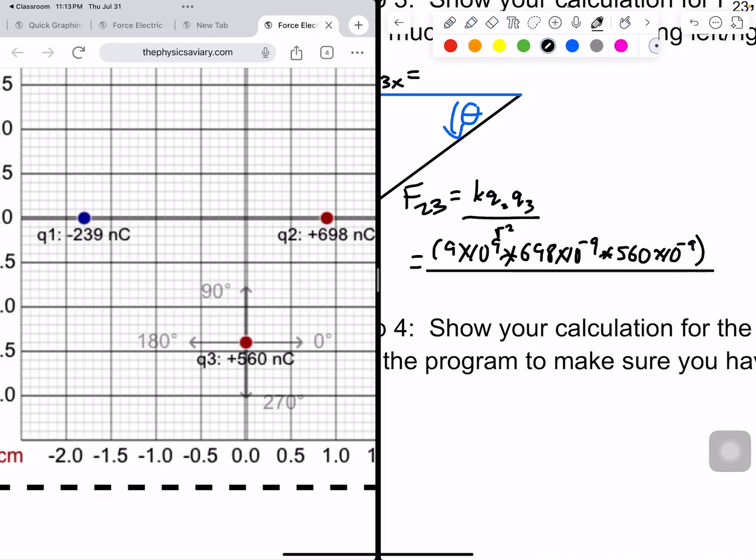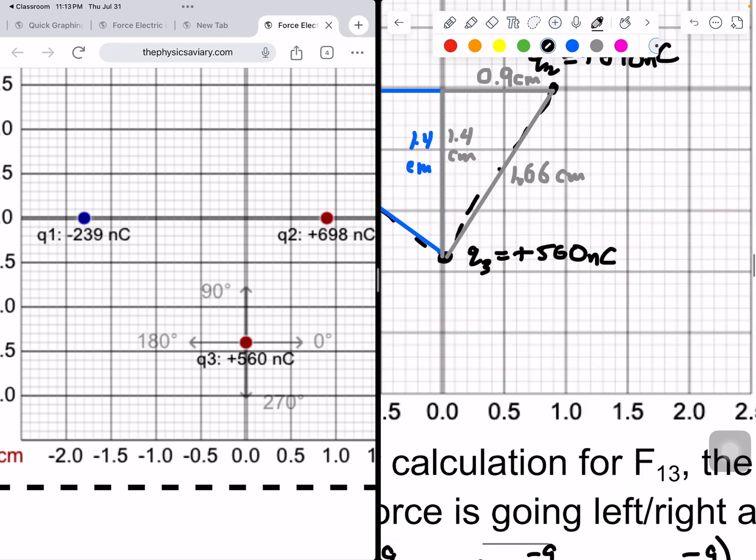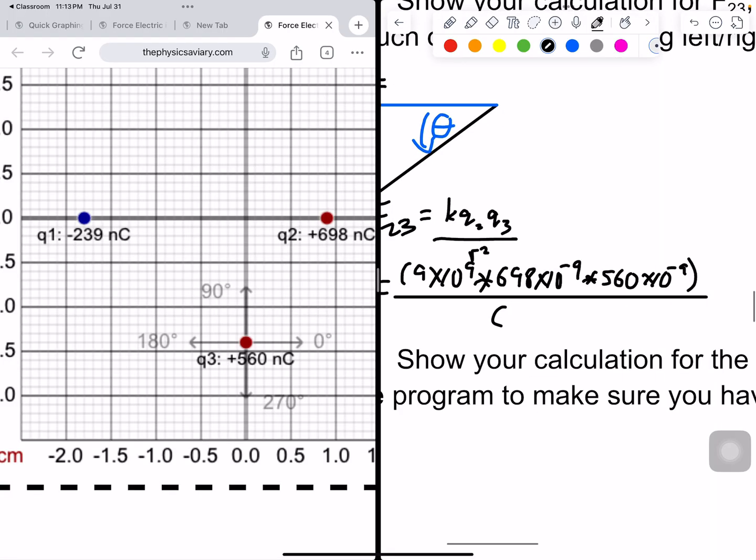All of that is going to be over the distance between charge 2 and charge 3, which we found earlier to be 1.66 centimeters. Now, you got to put that in meters, of course. So that's 0.0166 meters, and we got to square that.